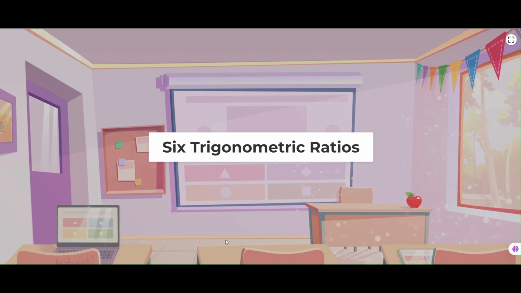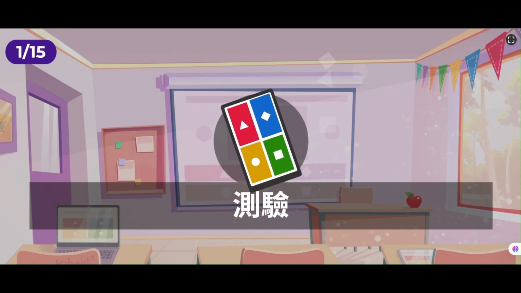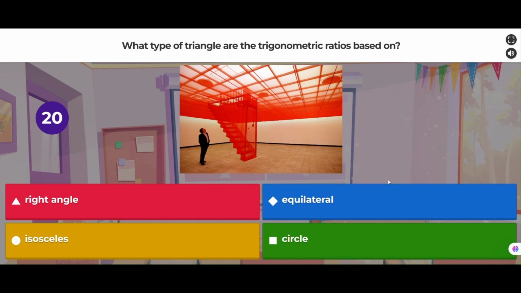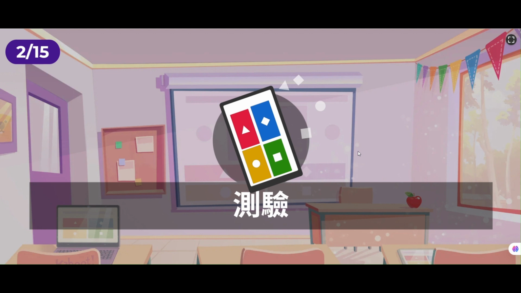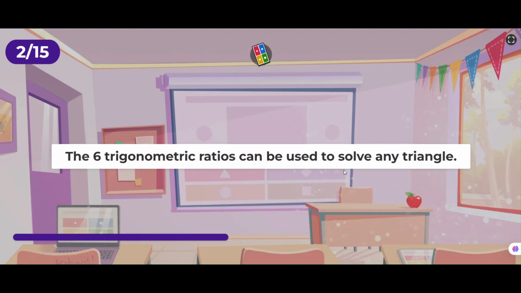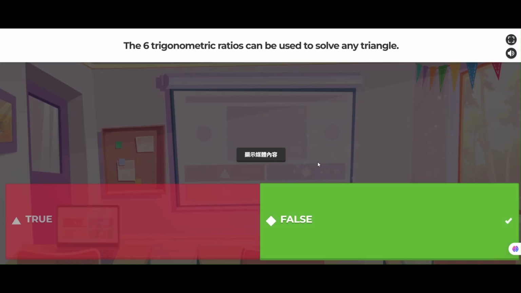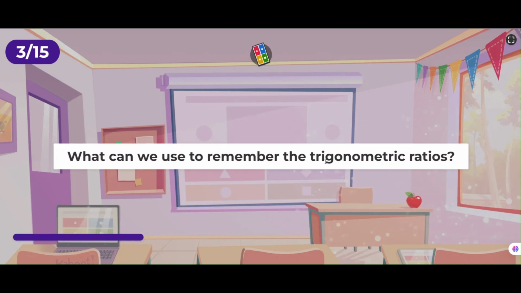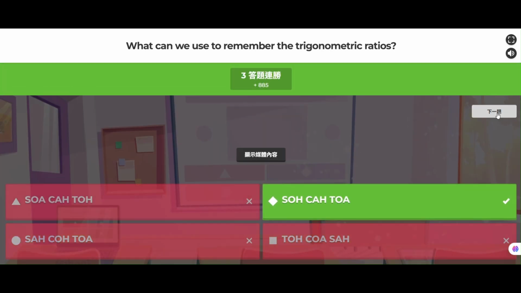Well, 6 trigonometric ratios. Maybe there will be the last 3 trigonometric ratios. What types of triangle are the trigonometric ratios based on? The right angle. The 6 trigonometric ratios can be used to solve any triangle. What can we use to remember the trigonometric ratios? We have learned that.